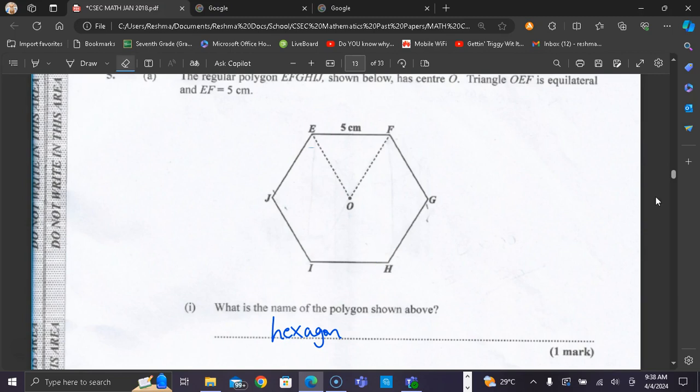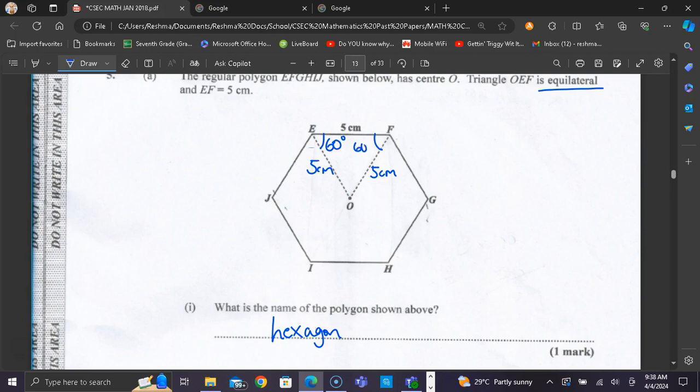All right, so let's look at triangle OEF. So they told us that this triangle is equilateral, right? So therefore all the sides are 5 centimeters. And not only that, if the triangle is equilateral, it means all the angles would be 60 degrees.